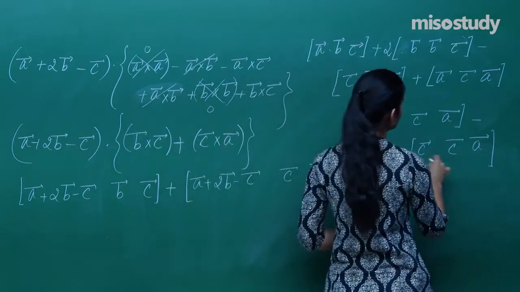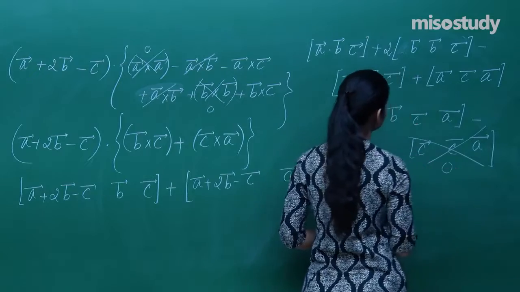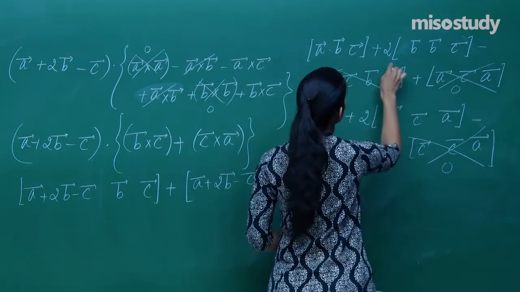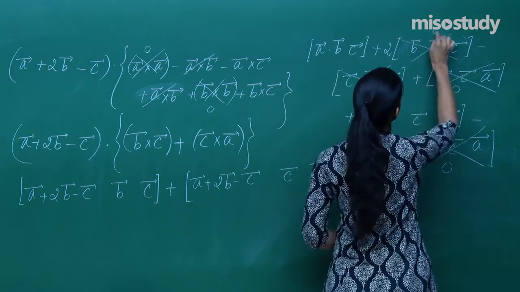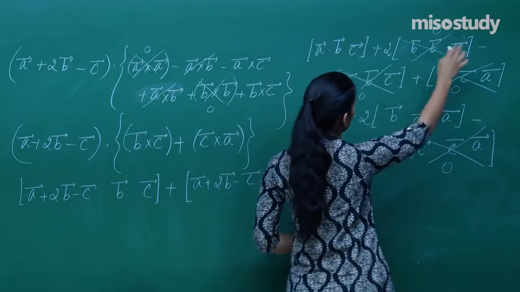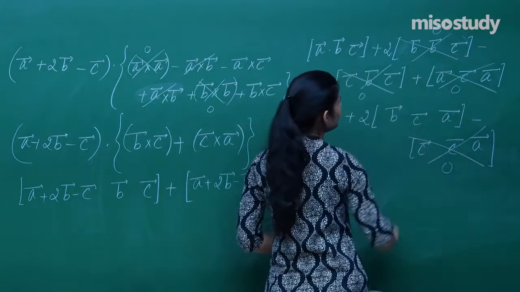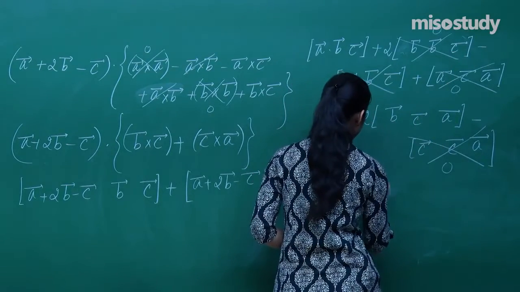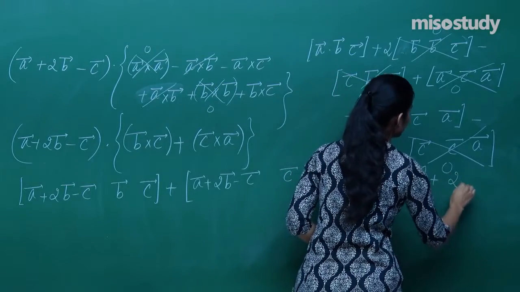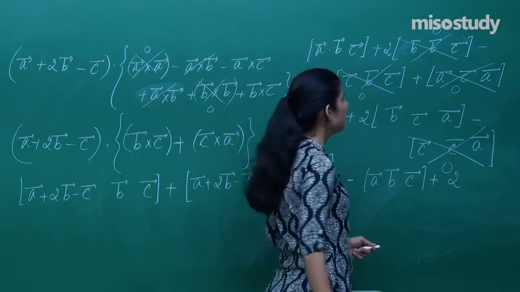Now here, because these two are same, this is going to be 0. Here these two are same, this is going to be 0. Here this is going to be 0, this is going to be 0. So what you are getting is ABC plus twice of BCA.